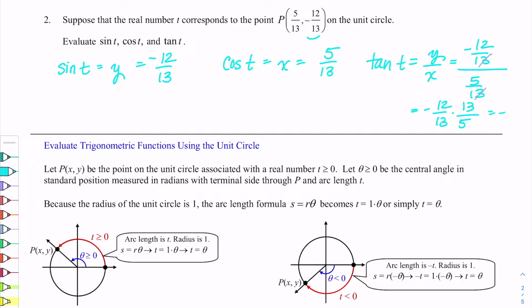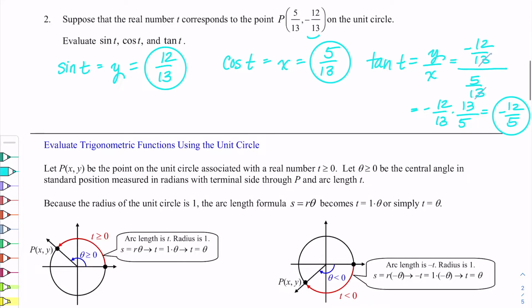So either way, negative 12/5 is going to be that tangent. Then I'll just put circles around these answers, and we'll go on to our next problem.